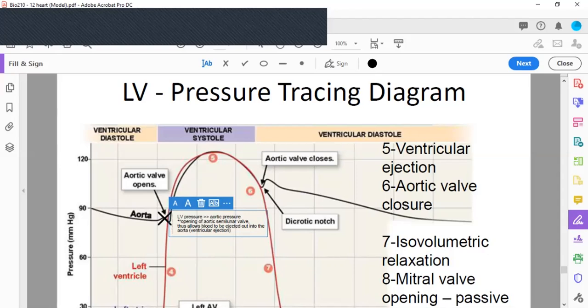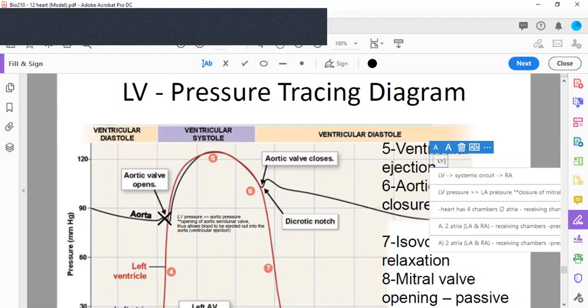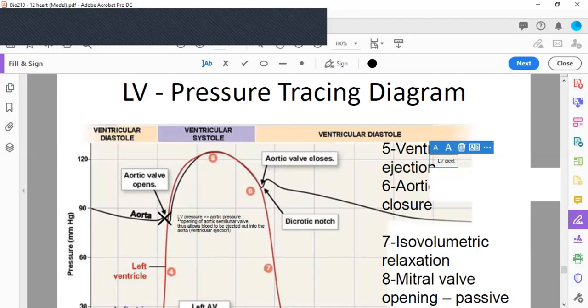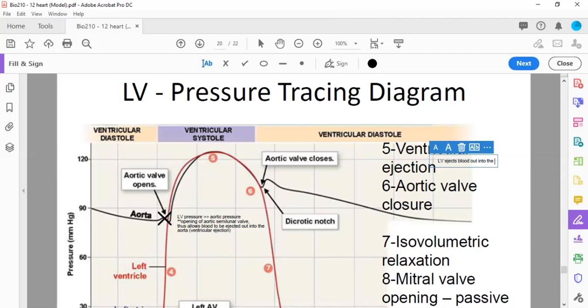So in ventricular ejection, you can say the left ventricle ejects blood out into the aorta.